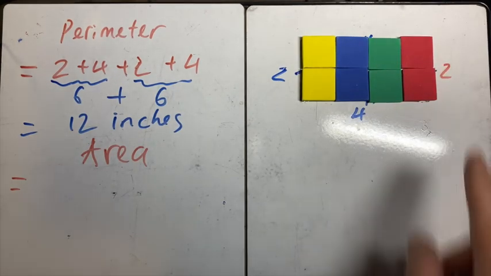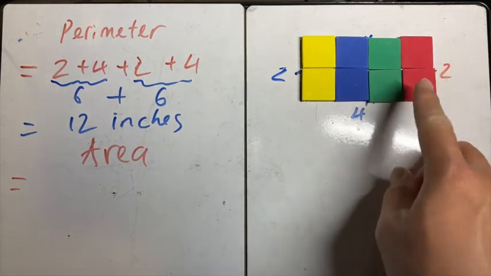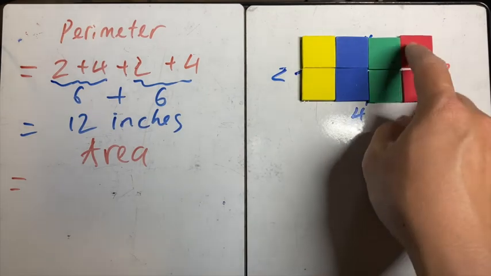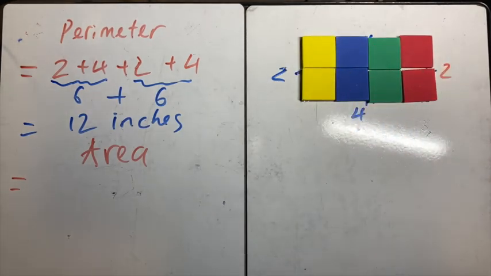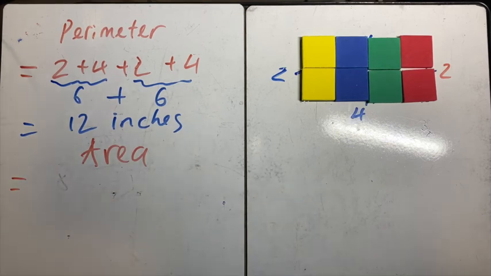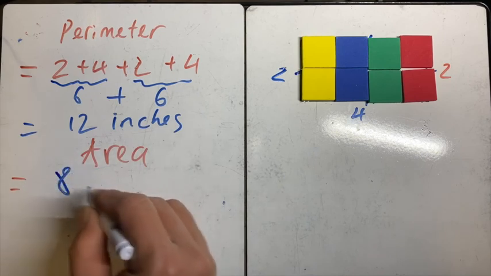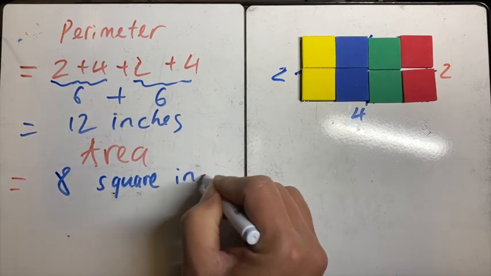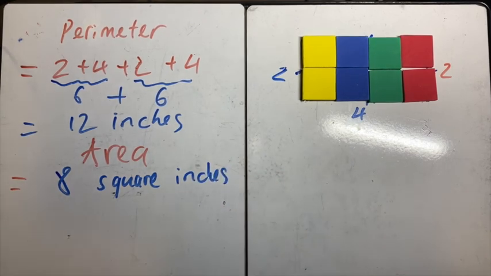All right, so now we know the area of this rectangle is 1, 2, 3, 4, 5, 6, 7, 8 square inches. So I'm going to put 8 square inches right here. Let's use this color. Square inches. Okay. All right.